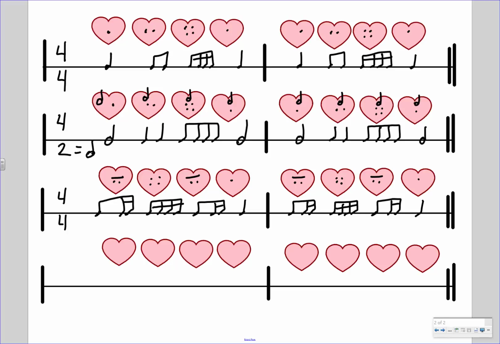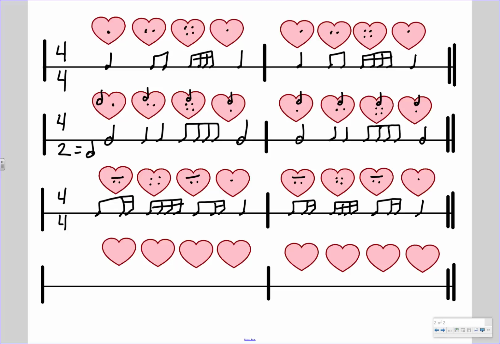You can see inside my heartbeat that I have long, short, short, short, short, short, short, long, short, short, beat. Transferred to counting, that would be 1 and a 2E and a 3 and a 4.